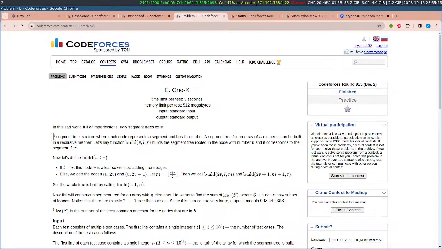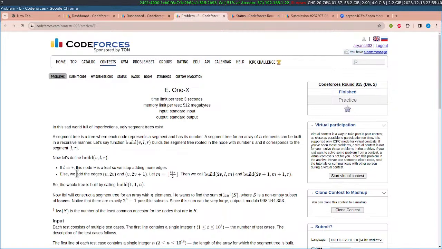A segment tree is a tree where each node represents a segment and has its number. A segment tree of an array of n elements can be built in a recursive manner. Let's say a function build(v, l, r) builds the segment tree rooted in the node with number v, and it corresponds to segment [l, r]. Now let's define build(v, l, r).